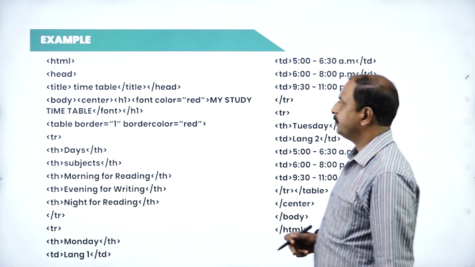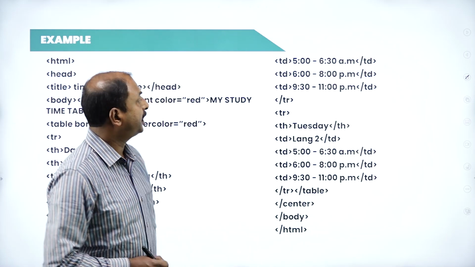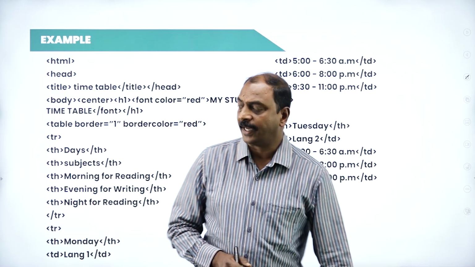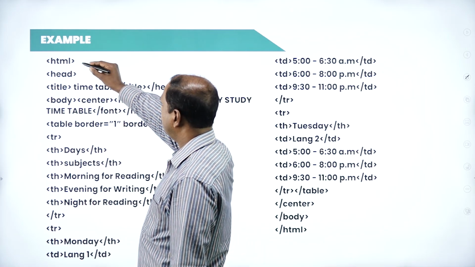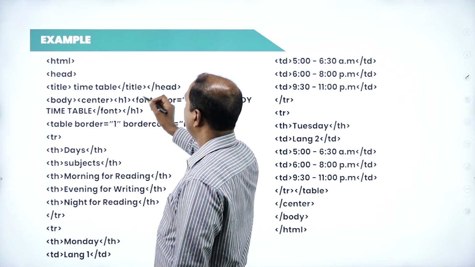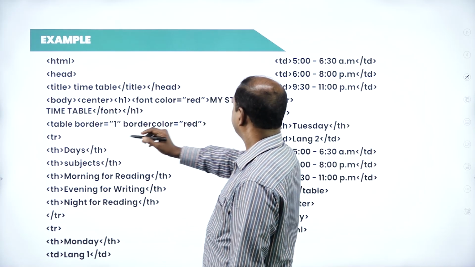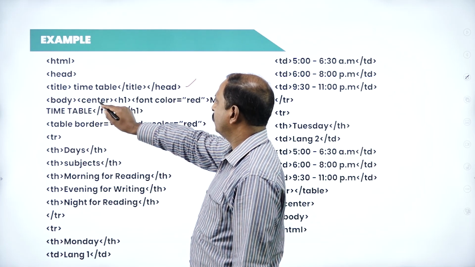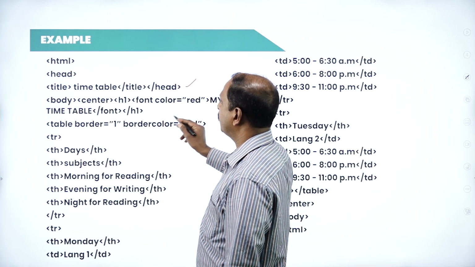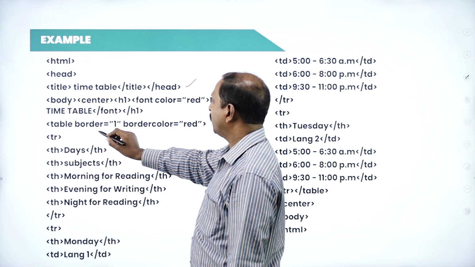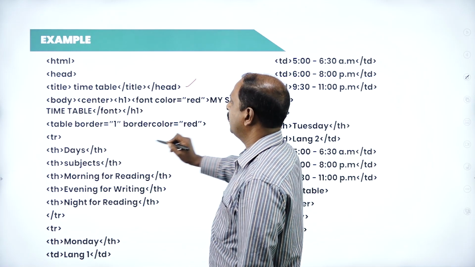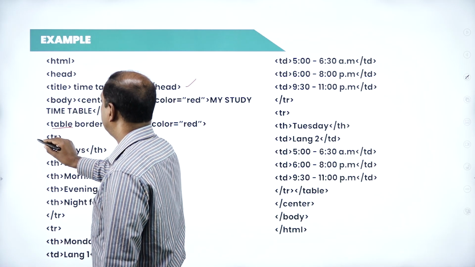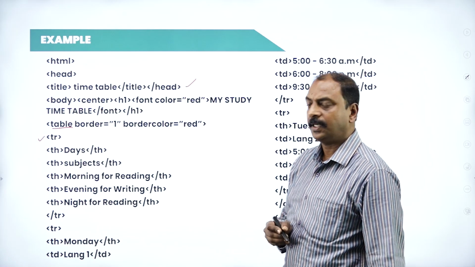Now let us see a simple example of HTML code for the table tag. The program starts with HTML, head, title, and we close the head tag. Open the body tag. We can use different HTML tags, center, everything. And here we have used table border and border color. After opening the table tag, TR stands for table row.